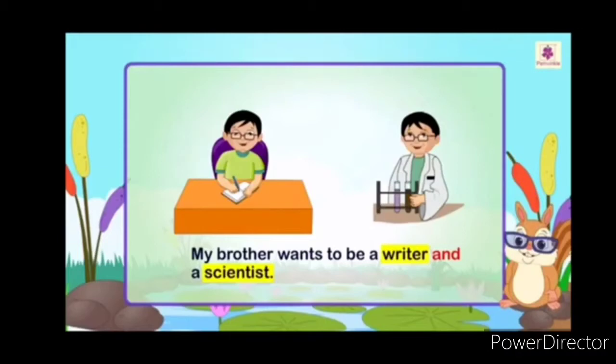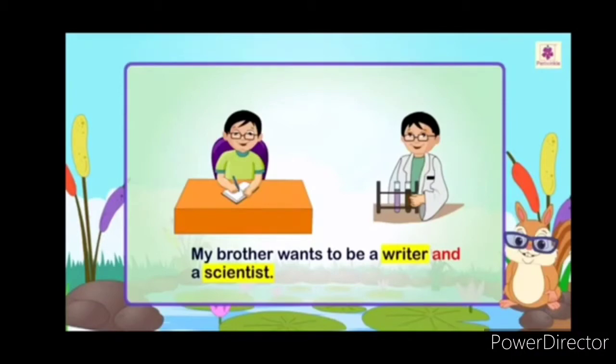So we are talking about the same category, similar things, so we are using the coordinating conjunction "and" in between. "And" is a coordinating conjunction used for addition and presents ideas that are all similar.